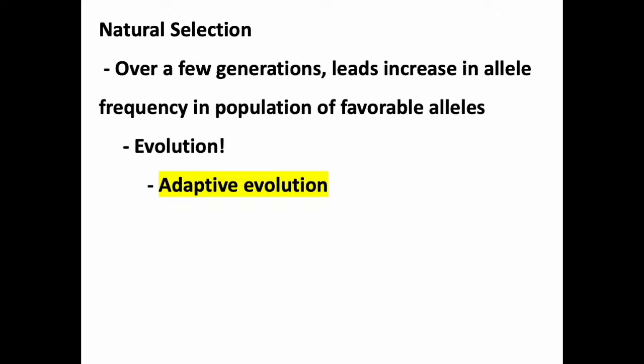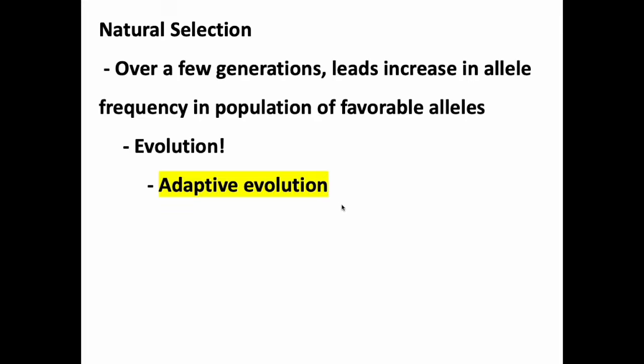Specifically, this is an example of something called adaptive evolution, which, again, a lot of key terms in this chapter, not a lot of text to write down, but a lot of key terms. Adaptive evolution is defined as, over time, an increase in the frequency of beneficial alleles and a decrease in deleterious or bad alleles in a population due to natural selection.